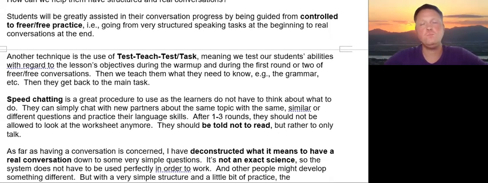And we can use another TTT, test, teach, test, or test, teach, task, in which before teaching them the grammar or pronunciation or vocabulary input, we test them to see what they can do. Not an official test, not a written test, just a conversational test with their partners or between the teacher and the students, or both.